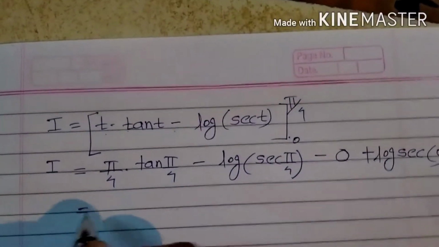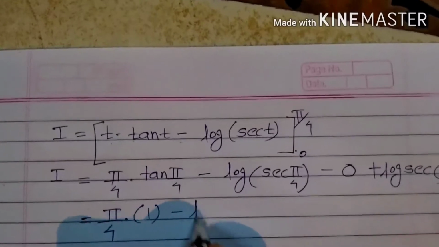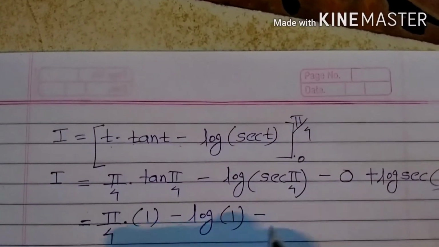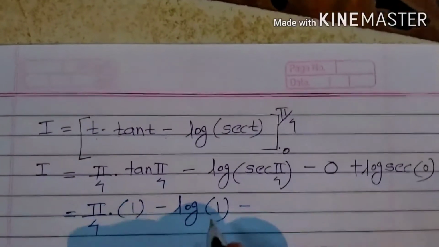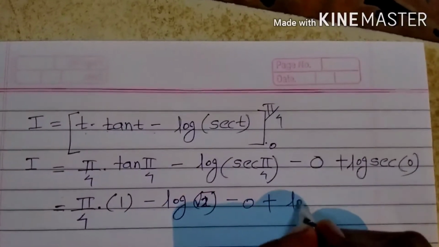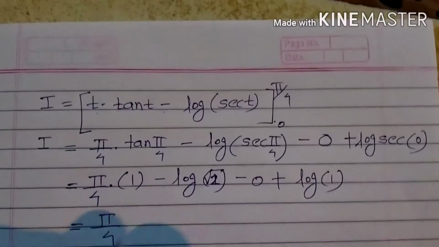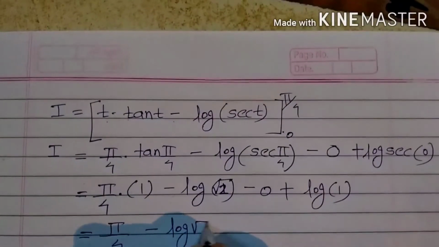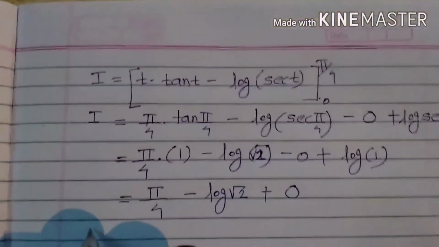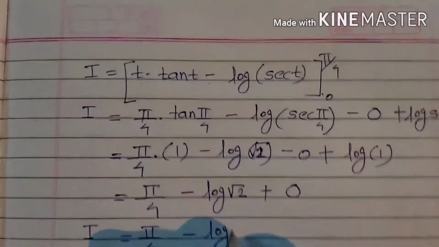So it is pi by 4 into tan pi by 4, which is 1, minus log of sec pi by 4, sorry, it is root 2, minus 0 plus log of sec 0, which is log 1. So it is pi by 4 minus log root 2, plus log 1 is also 0. So our final answer is I is equal to pi by 4 minus log root 2.